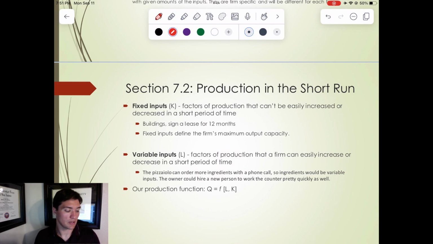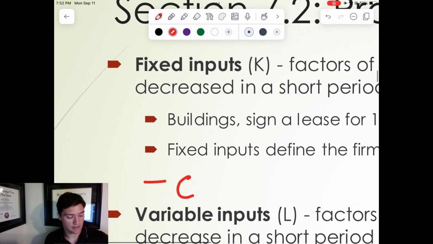So when we're talking about the pizza example, we need a building, so that's fixed. We might need an oven. That's fixed too, because you can't really change the oven. You can't add something to it. You buy it as is, so that's a fixed input as well. Those fixed inputs, most of the time, are going to be capital. Once you buy a machine, that's basically it.